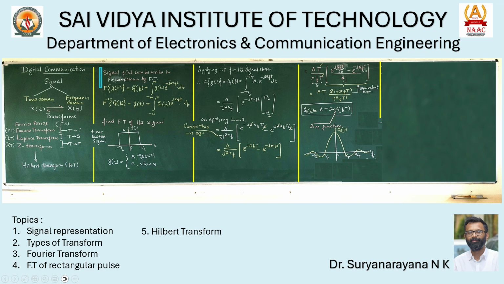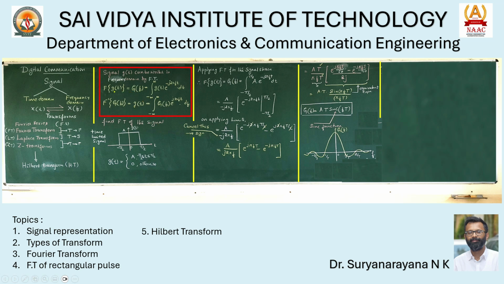A time domain signal g of t can be represented in frequency domain by Fourier transform equations as shown. So this equation represents Fourier transform and this equation represents inverse Fourier transform. That means Fourier transform and inverse Fourier transform are complementary to each other.